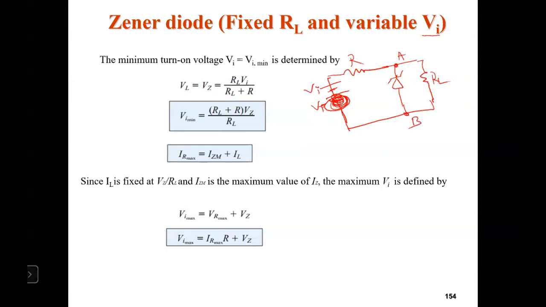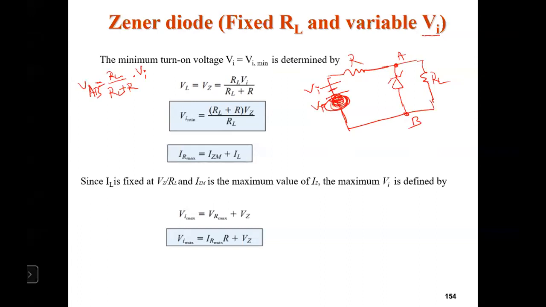I can easily say, using the voltage division rule, that VAB is equal to RL by RL plus R into Vi.